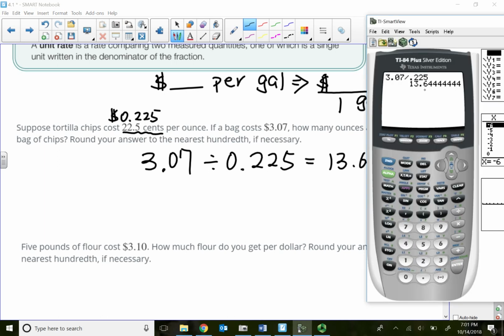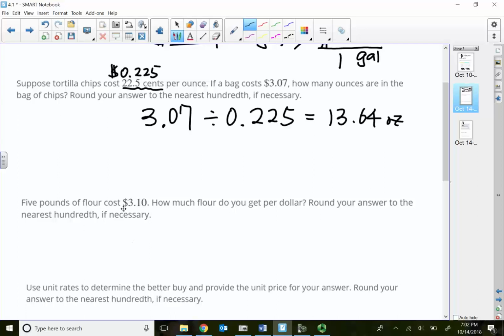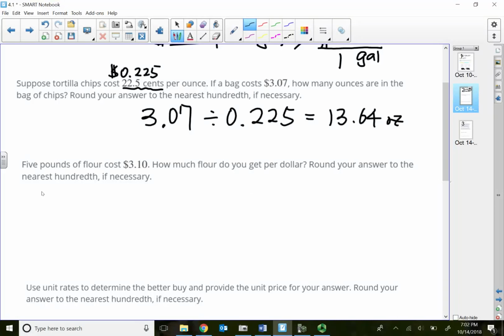Because if I have a total of 13.64 repeating ounces and multiply by 22.5 cents per ounce, that will give me my $3.07 total amount. So we've got to think about this problem slightly backwards.